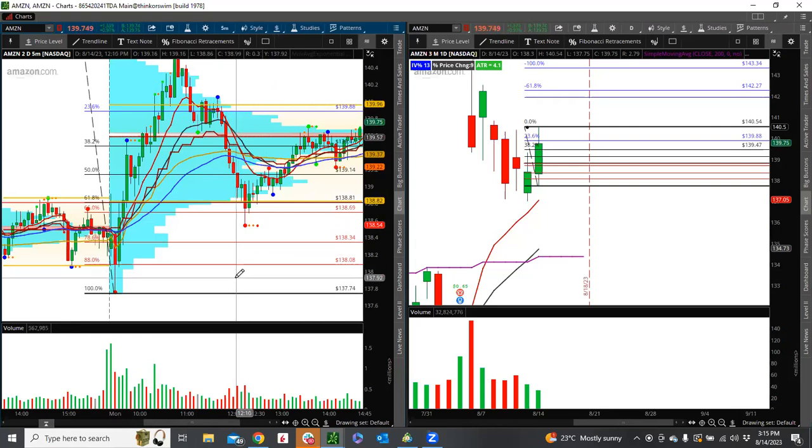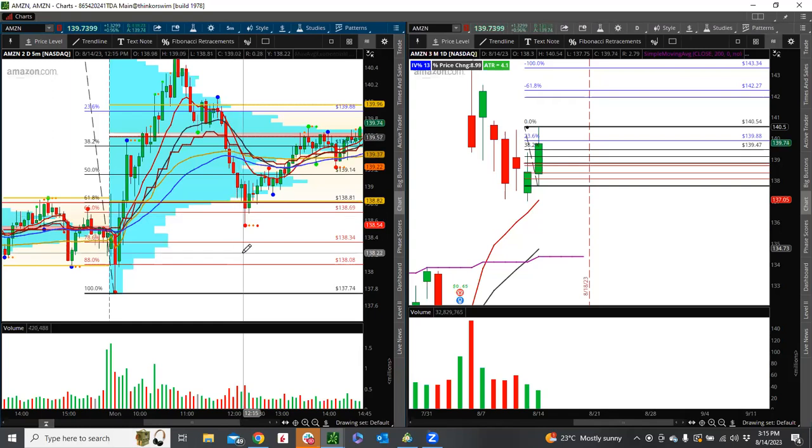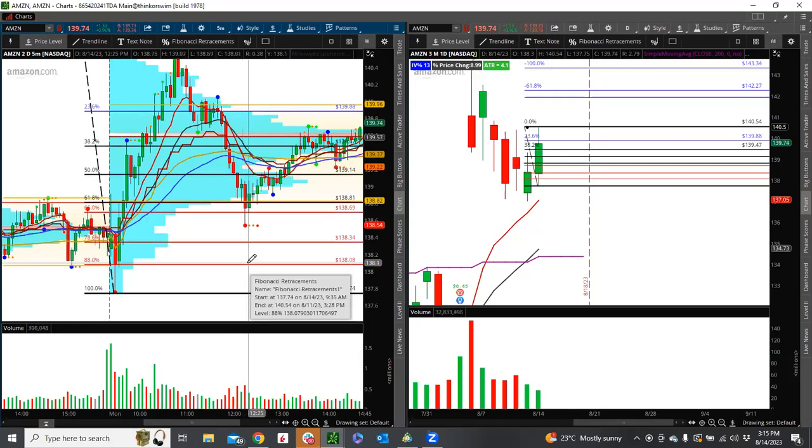So I was a little loose with my stop. I could have gone right below the 78.6 and made it a little tighter, but I just went with $1. I felt like, let's be a little conservative here. A dollar between my entry and my stop on a $140 stock seemed reasonable to me. So I went ahead and set that up.